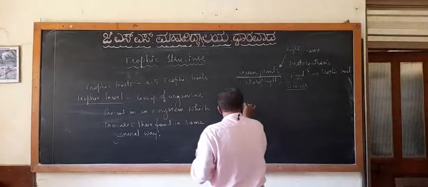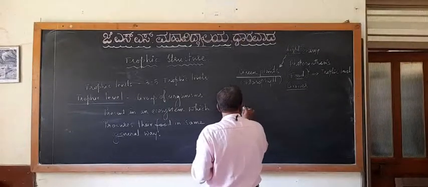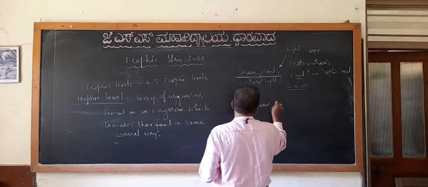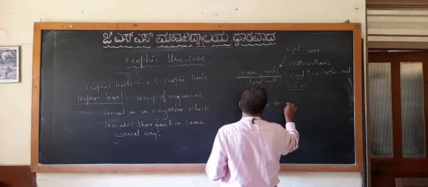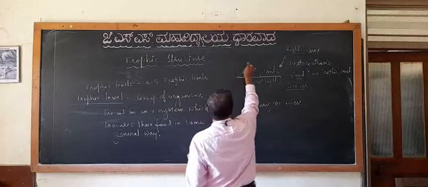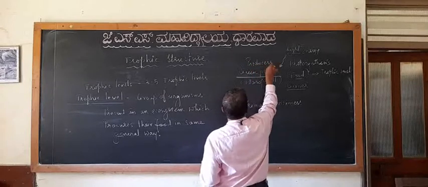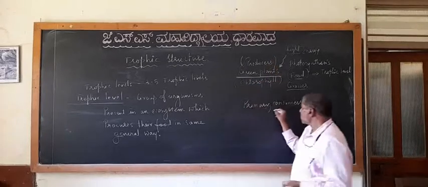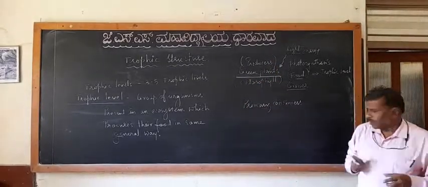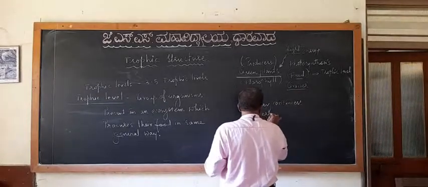Suppose you consider the primary consumers. Green plants are considered as producers, which I discussed in the previous class. So consider the primary consumers. Primary consumers are also regarded as herbivores.